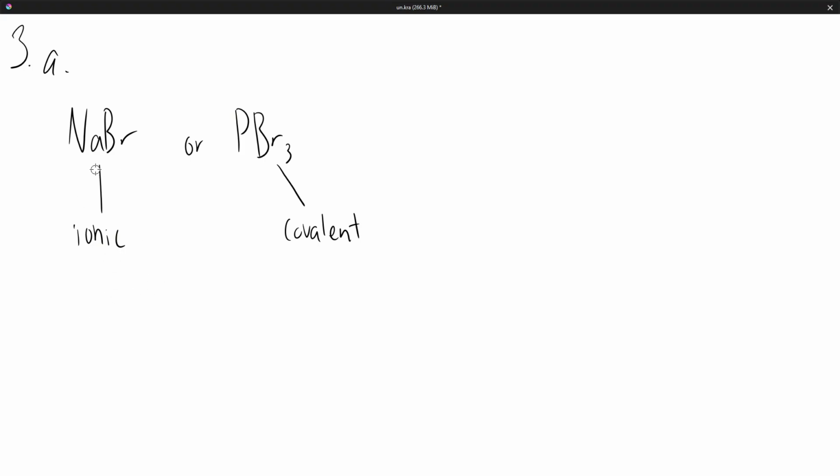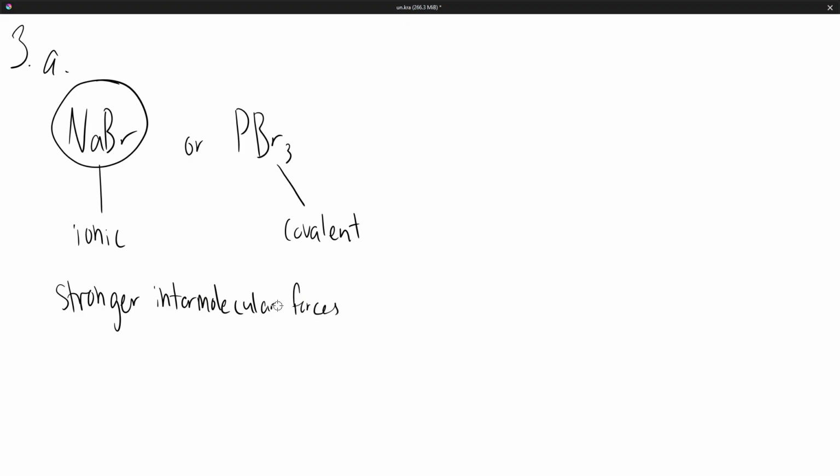They would have the greater boiling point. So on your exam, you should circle it and for your reason, say stronger intermolecular forces, or greater difference in electronegativity, EN, right here.